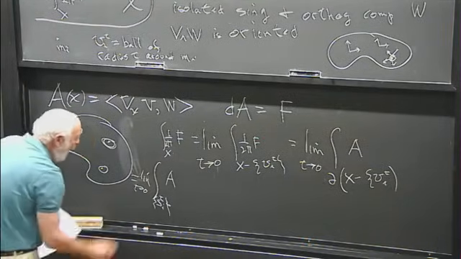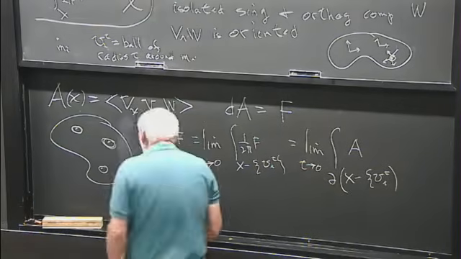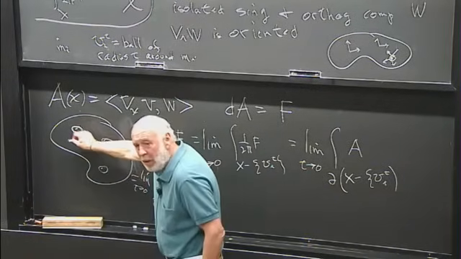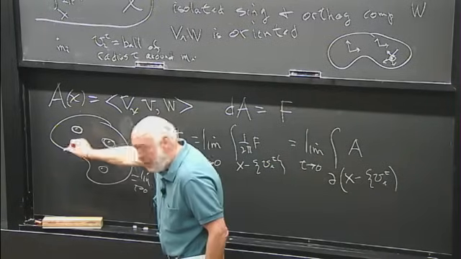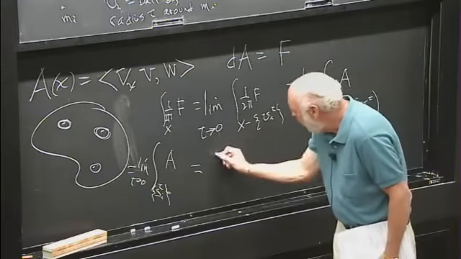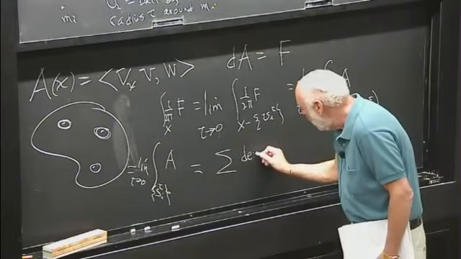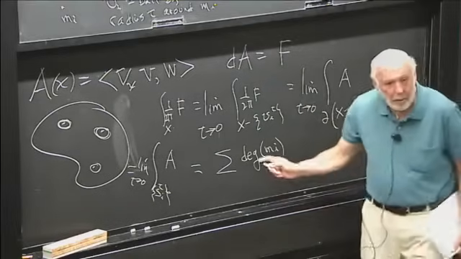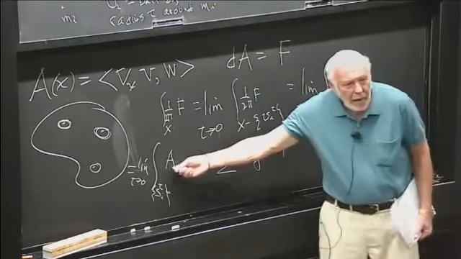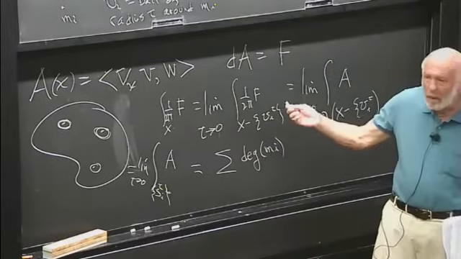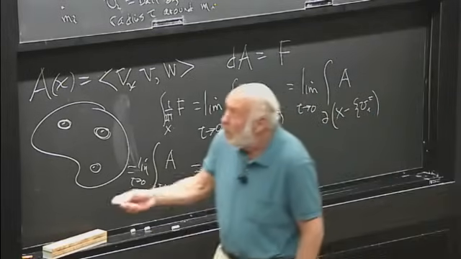It's not difficult to see, as you integrate this around a circle, that it's nothing but the degree of the vector field. So this is equal to the sum of the degrees of the vector field at these points. This is a very easy calculation. So that's a good proof of this Gauss-Bonnet theorem using this theorem of Hopf and Poincare.